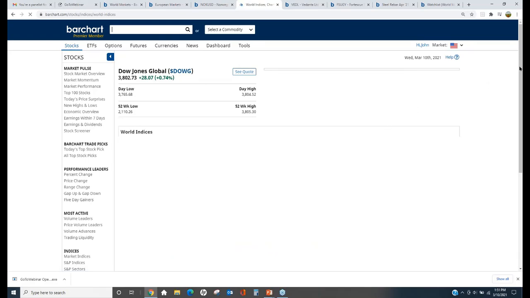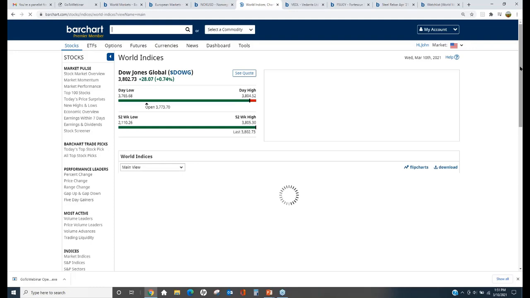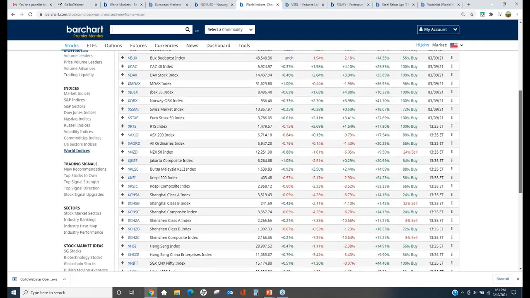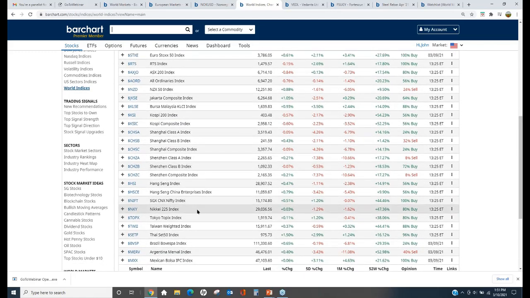For instance, in Japan, we have the Nikkei, which is 225 stocks, and this is a price-weighted index. So it weights those stocks that have a greater price, like Sony and Toyota will have a greater weighting in this index.